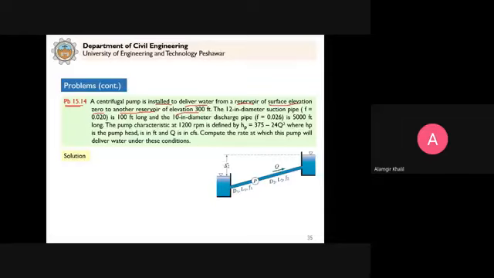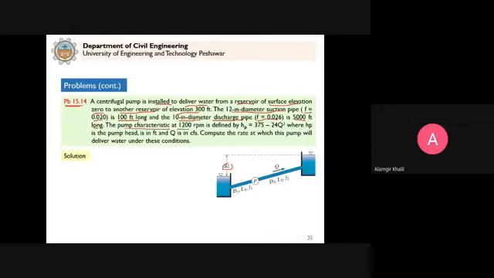The 12-inch diameter suction pipe, for which the friction factor is 0.020, is 100 feet long, and the 10-inch diameter discharge pipe, for which f is equal to 0.026, is 5,000 feet long.